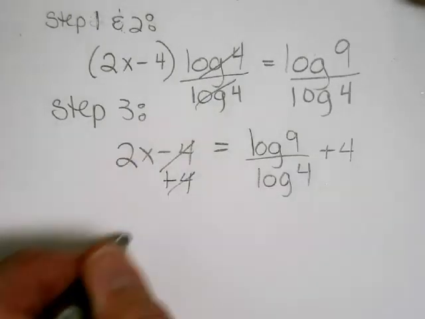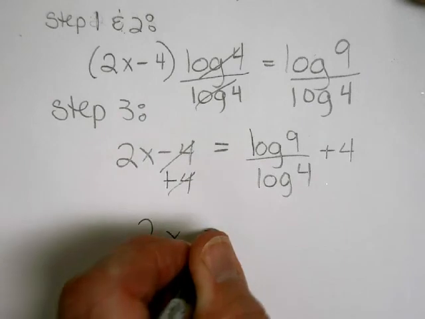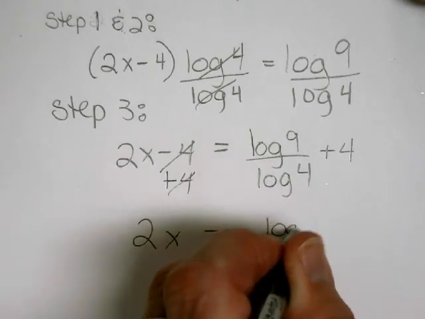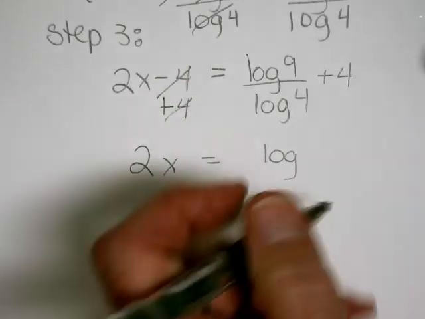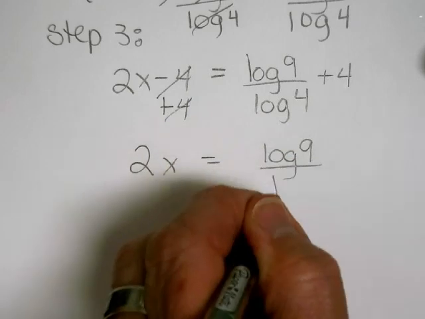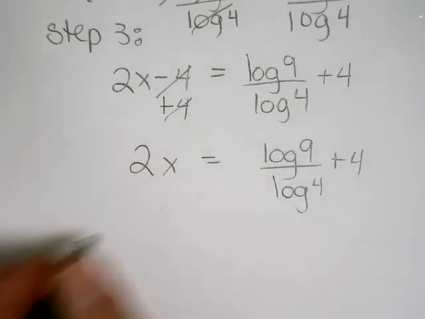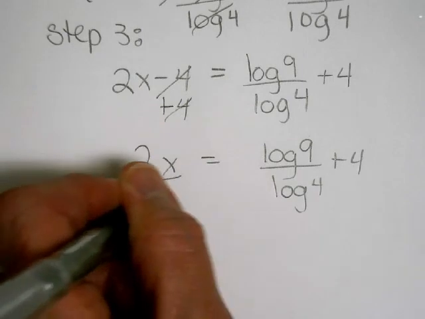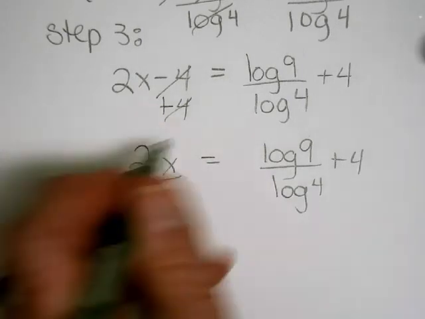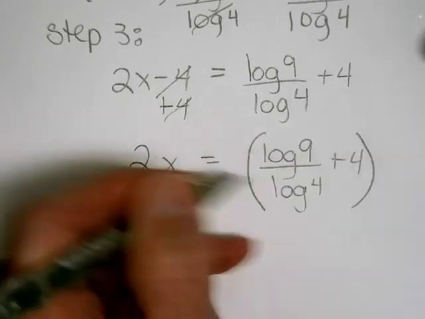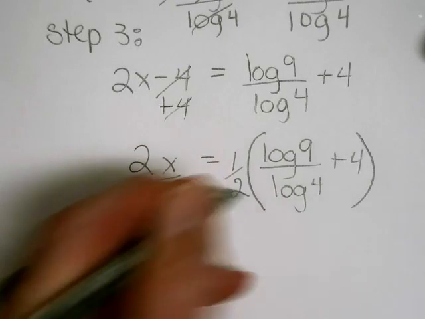Okay, I got to untangle this mess. This is Algebra 1. First, I get rid of the 4 by adding. So those cancel. So I have 2x equals log of 9 over log of 4 plus 4.